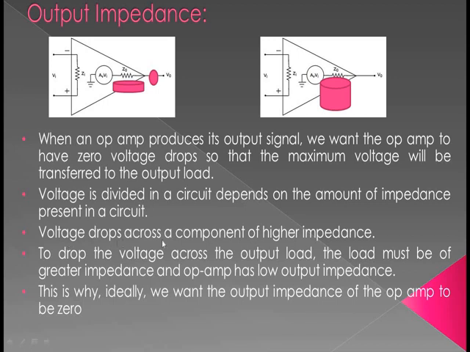Because voltage drops across a component of high impedance, to drop the voltage across the output load, the load must have high impedance, and op-amp has low output impedance. Because we want to give maximum voltage to the output, the output impedance of op-amp should be 0.